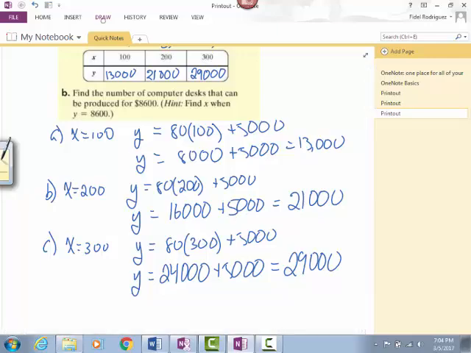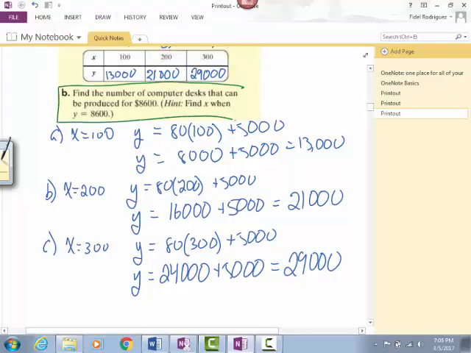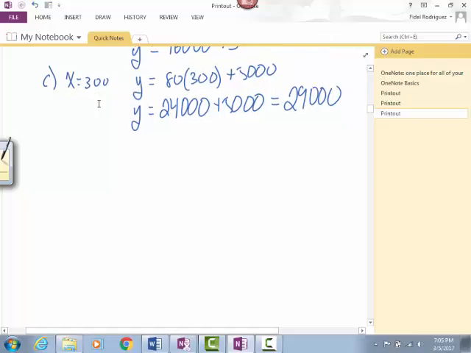Now, there is a part B. And part B says, find the number of desks that can be produced for 8,600. So it says, hint, find X when Y equals 8,600. So I'm going to write down my equation again. I'm going to give myself a little bit of room. My equation was Y equals 80X plus 5,000.